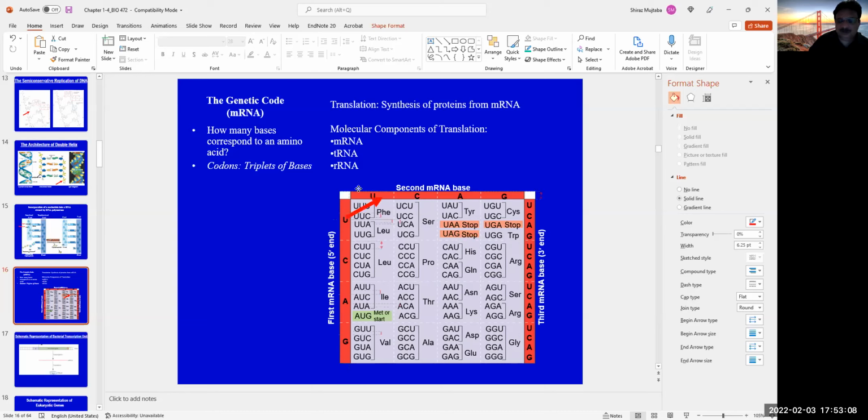Now there are 3 kinds of RNAs, right? mRNA, tRNA, and rRNA. They all have their roles in translation, in bringing amino acids to the surface of the ribosome. Then rRNA is instrumental in making the peptide bond. Right?